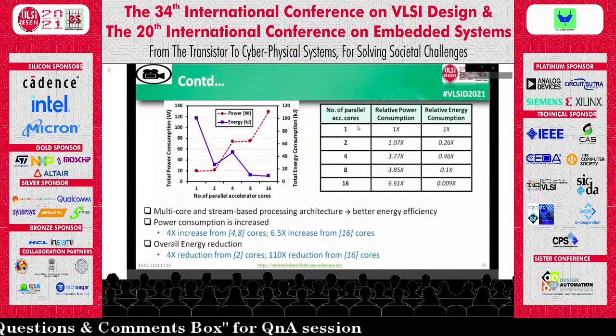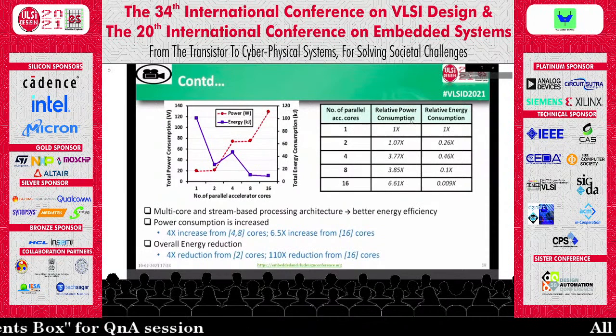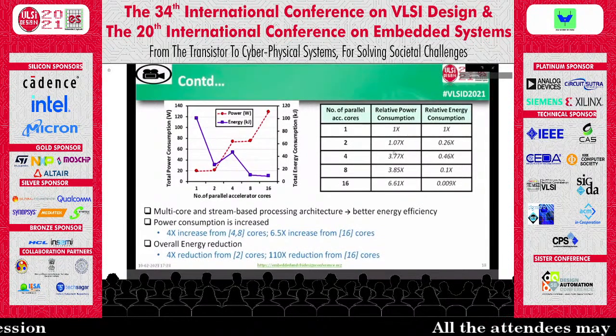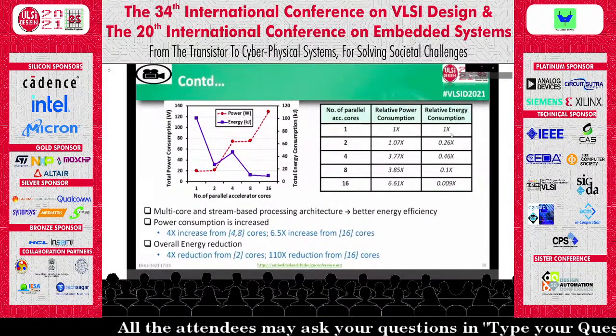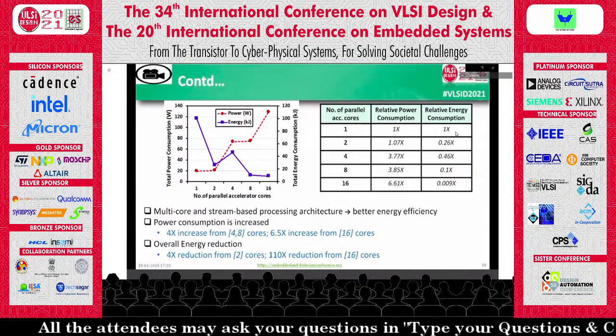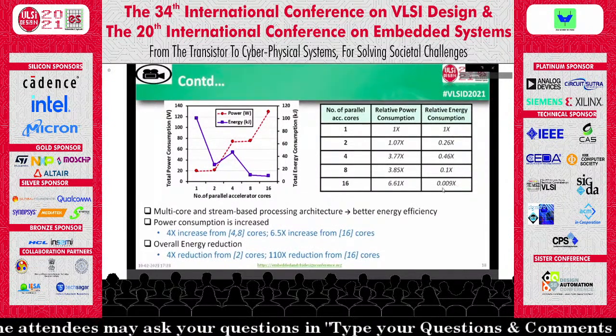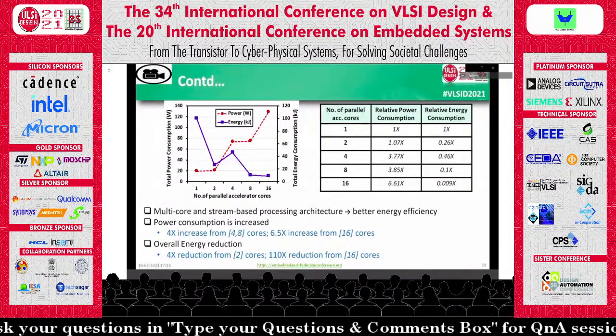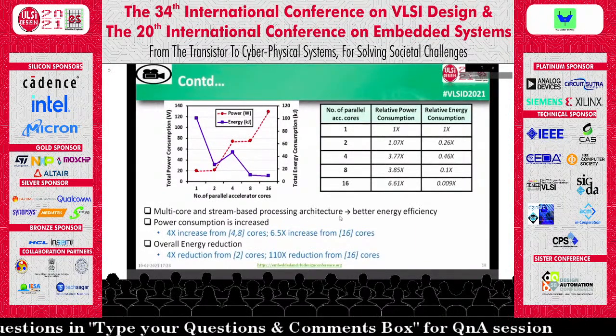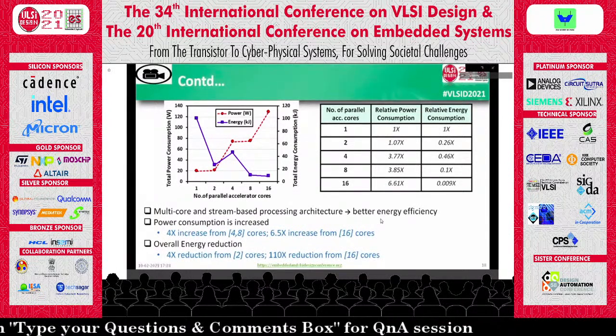The numbers of parallel accelerator cores are 1, 2, 4, 8, and 16, and relative power consumption is 1 times, then 1.07 times, and for the 16 cores it is 6.61 times. And the relative energy consumption, if we see in this table, for the 16 cores is 0.009 times. So we can see that the multi-core and stream-based processing architecture gives better energy efficiency.